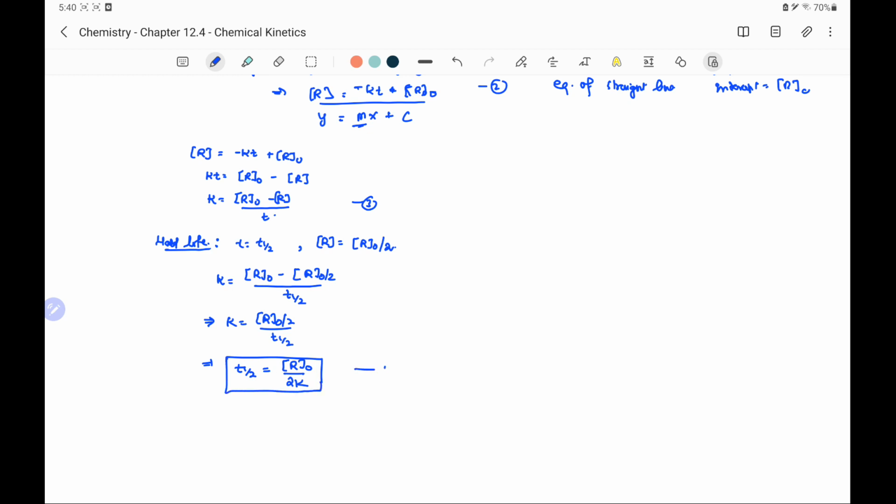This is our equation number 4. From this equation, we can say that half life is directly proportional to the initial concentration of the reactant.